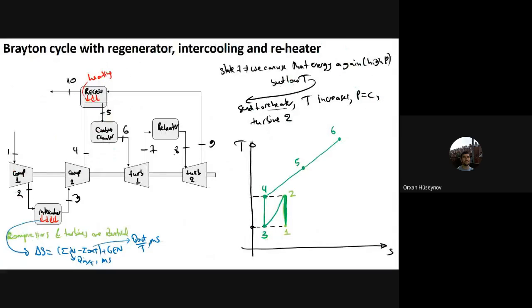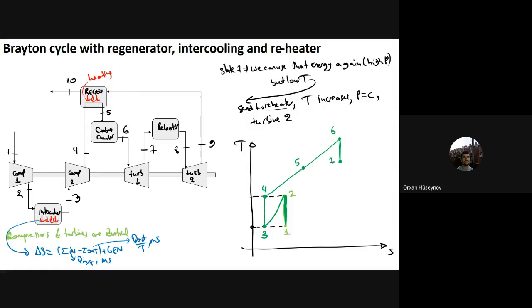But the 7 is more than 5. You should remember it, because in the perfect case 7 is the same as 5. Anyway, if I draw it, you will have this chart here. It is from 6 to 7 here. This is the turbine 1.